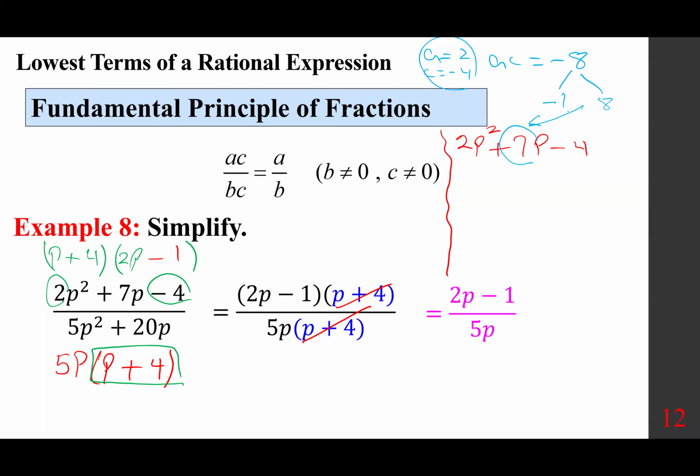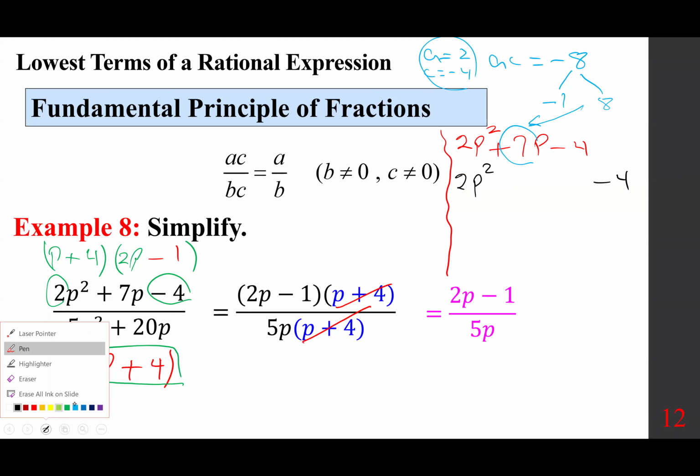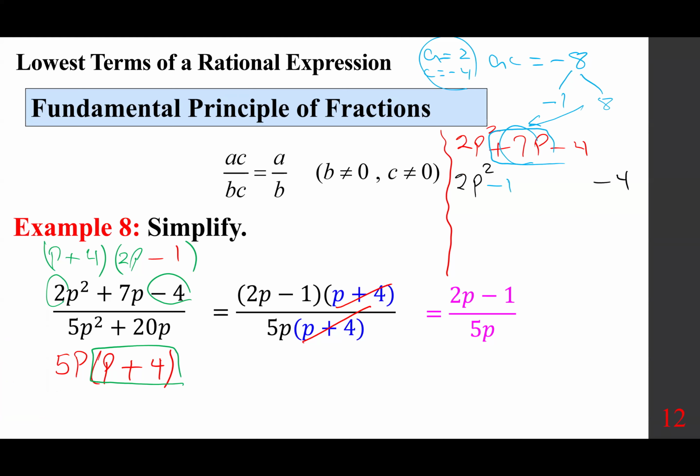So now this 7p, and let me write the 2p squared and minus 4. And this 7p, we are going to write it as minus p plus 8p.